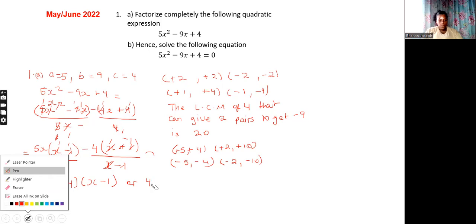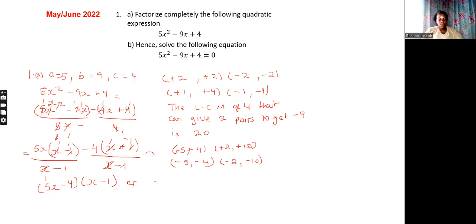Looks like I'm having a senior citizen moment, guys. I'm really having a senior citizen moment. So you have it this way: x minus 1 multiplied by 5x minus 4. And here is our final answer for part E.